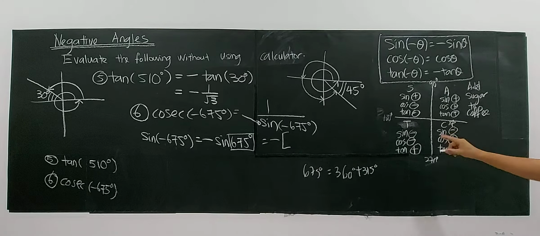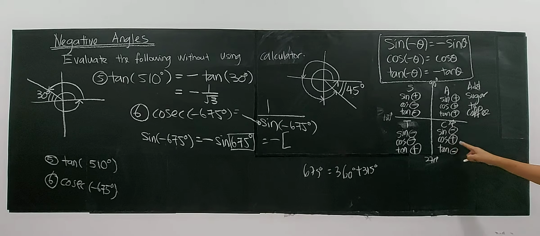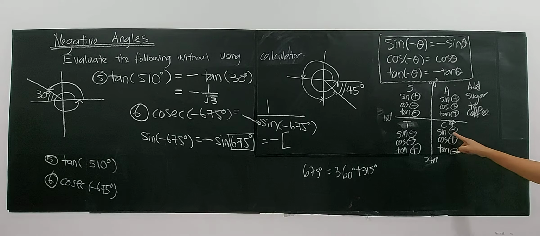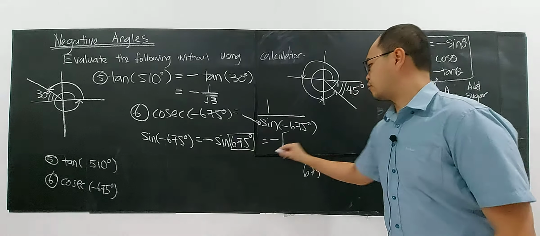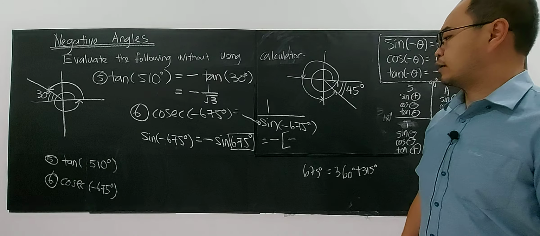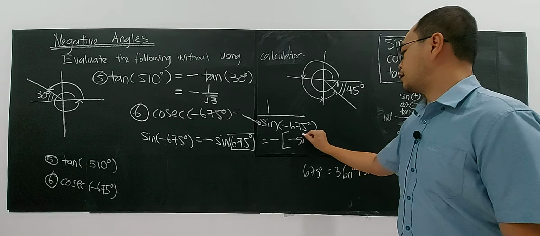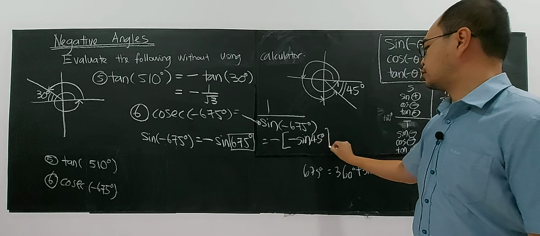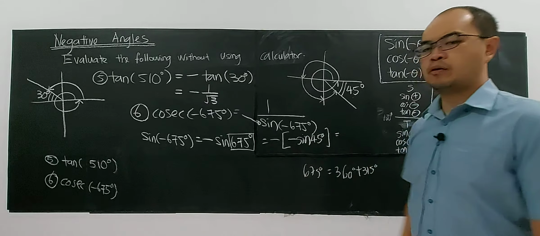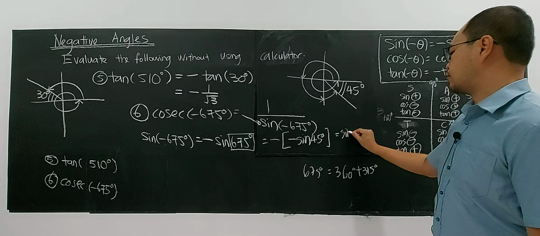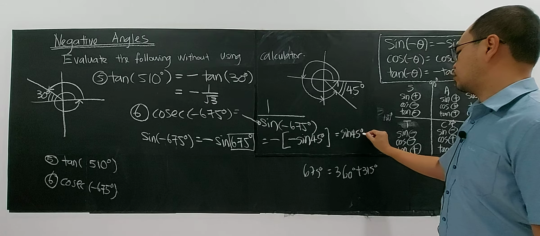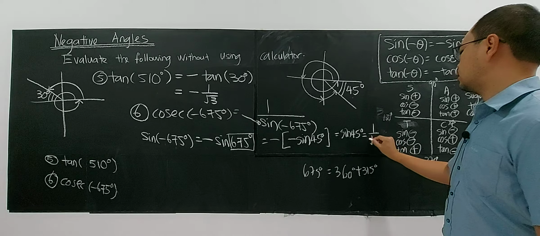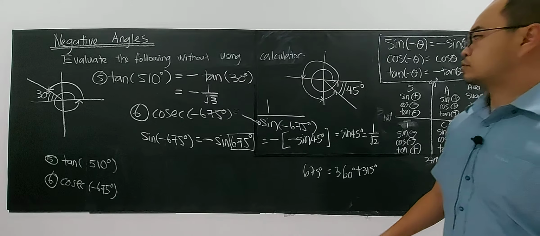In the fourth quadrant cos is positive, but sine is negative. So sine 675 has to have a negative here. The acute angle is 45 degrees. Negative, negative, positive. So you get sine 45 degrees, which is 1 over square root of 2.